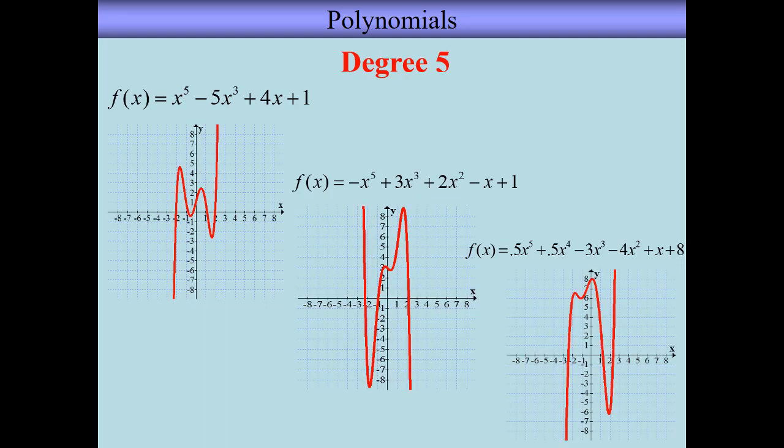Fifth degree polynomials look a lot like the third degree polynomials. After studying a lot of these, we kind of break them down into two groups. The odd degree polynomials are the ones that have exponents like 3 and 5 and 7 and so on.